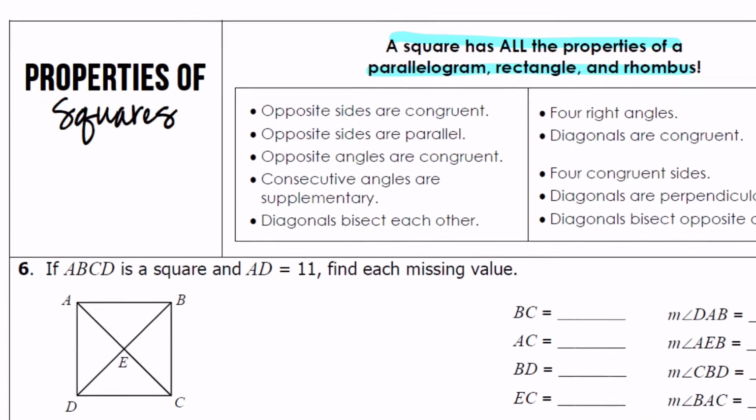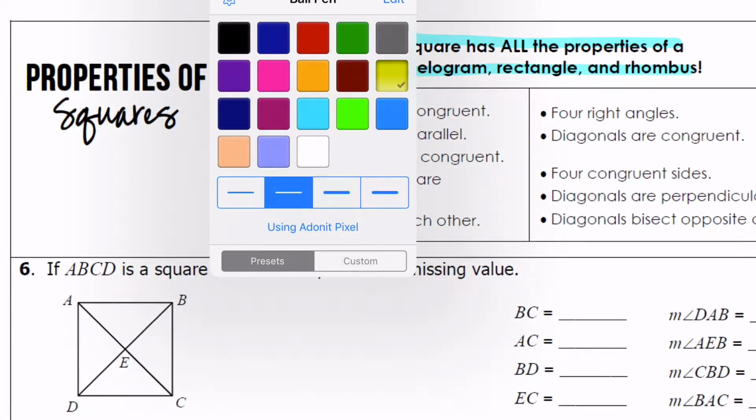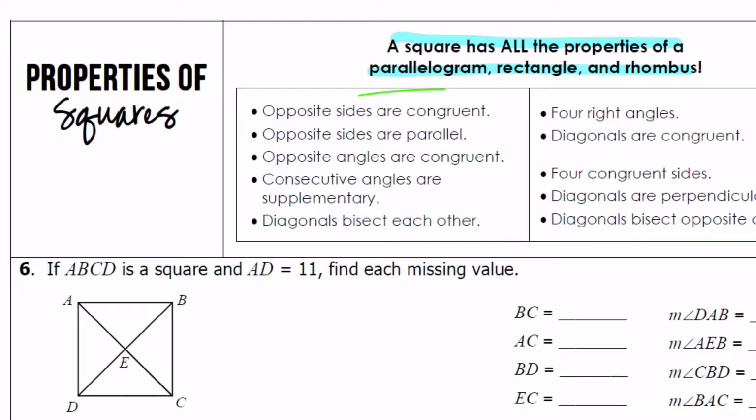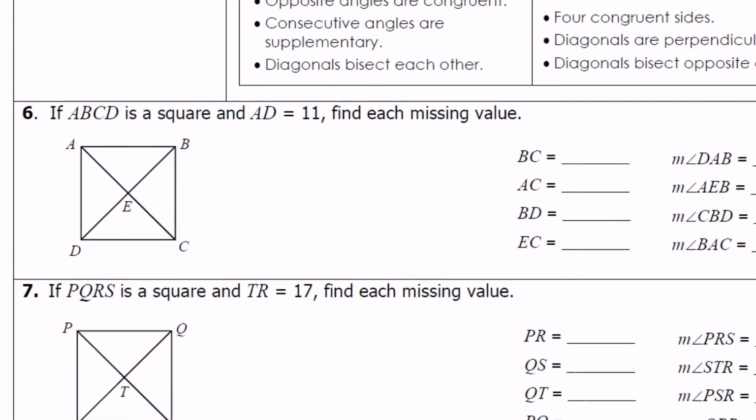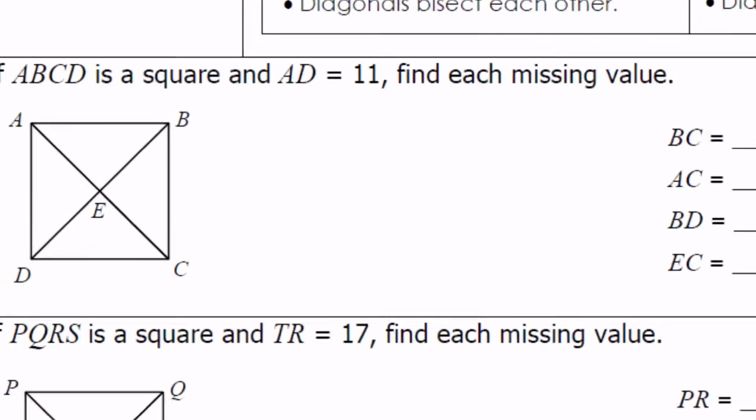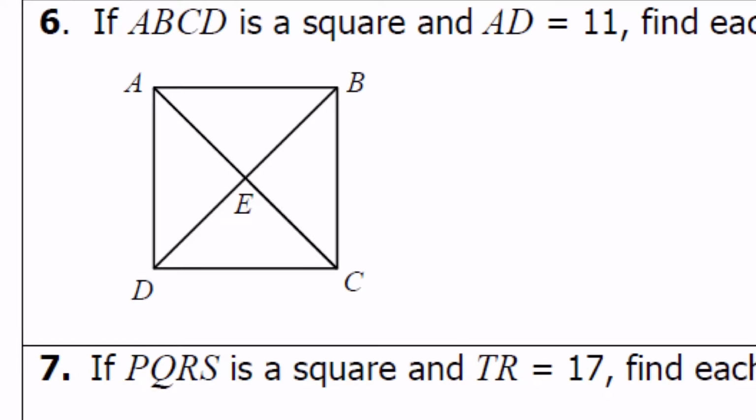So all of these are properties of parallelograms. These are all properties of rectangles, and these are all properties of rhombi. So looking at number 6, if ABCD is a square and AD equals 11, we need to find each missing value.